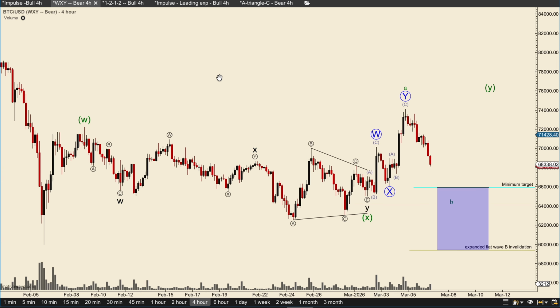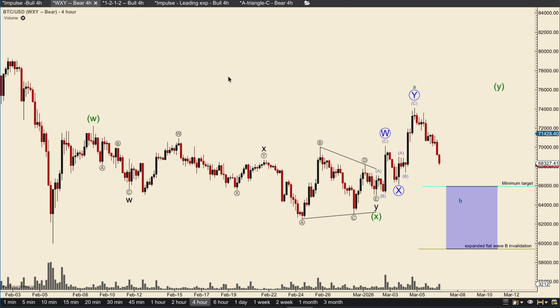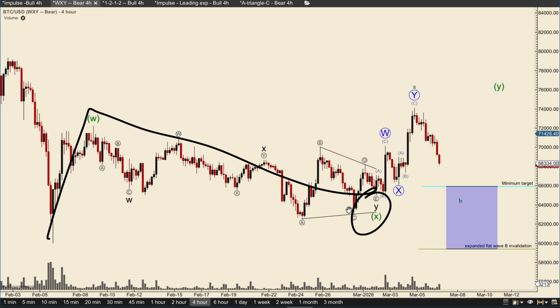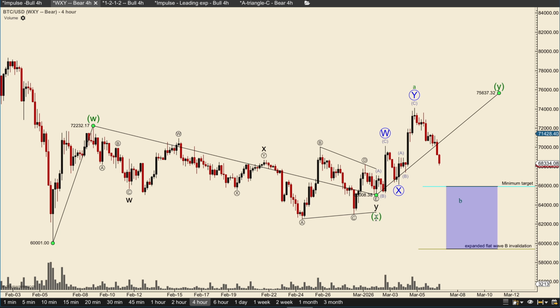So if we take a look at the WXY, this is perfectly viable except that this wave X is very long. So you can see that it's over 6 fib time, which is very uncommon, but wave B's and wave X's have more probability in stretching over 6 fib time than wave 2's. So therefore this has a higher probability of being a wave B or a wave X. And this scenario is looking for this wave B in a regular flat or an expanded flat.